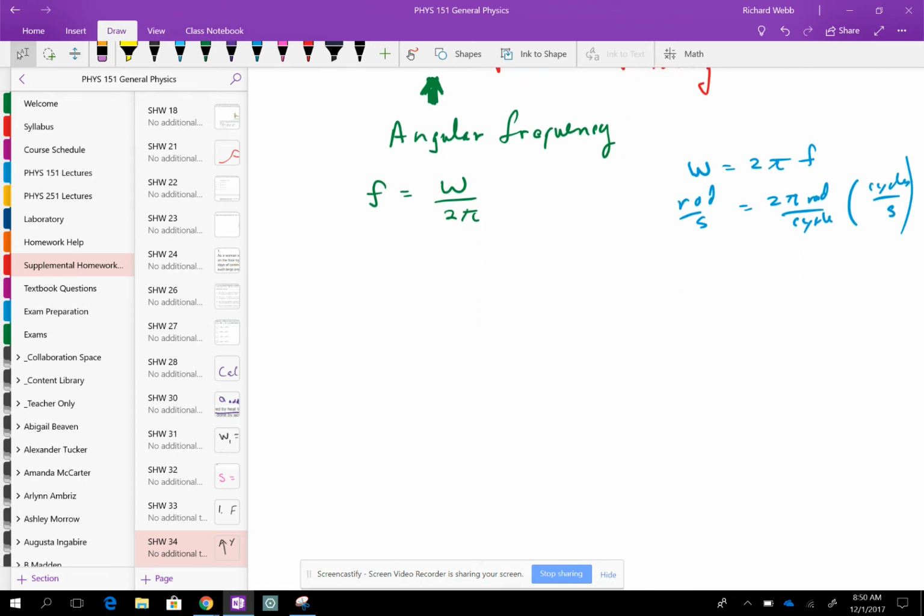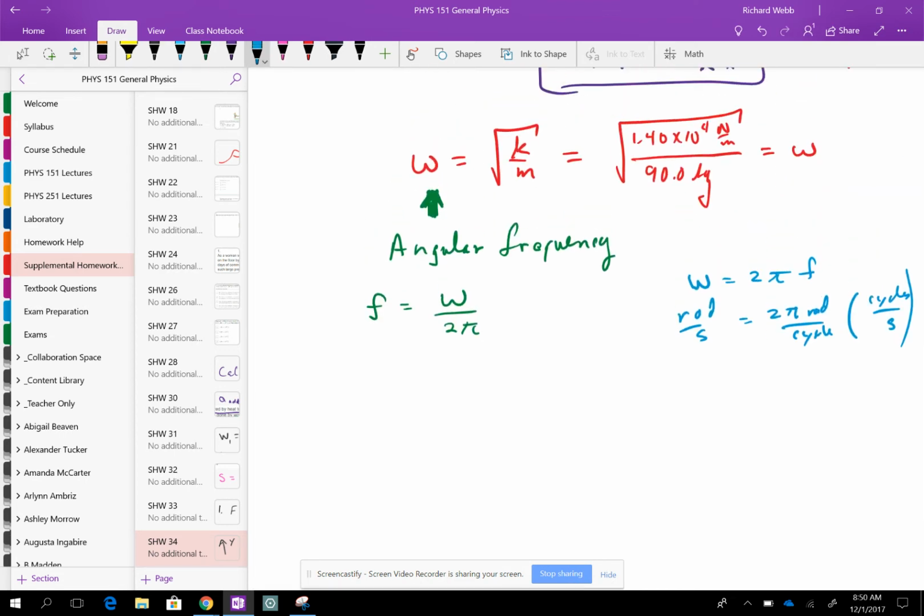So now that we've established what omega is and how frequency relates to omega, we just have our final answer. Frequency is equal to, and did somebody calculate this square root? I am stealing someone's calculator.